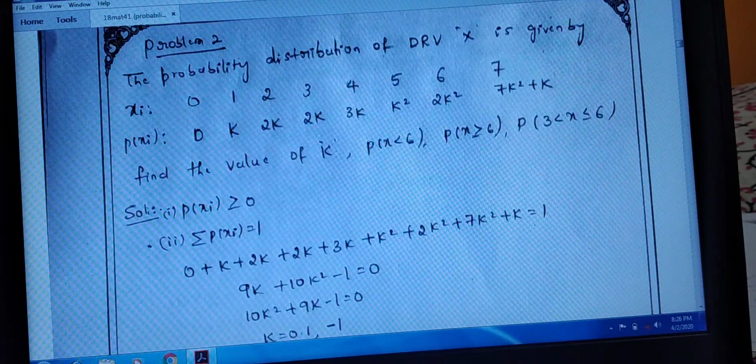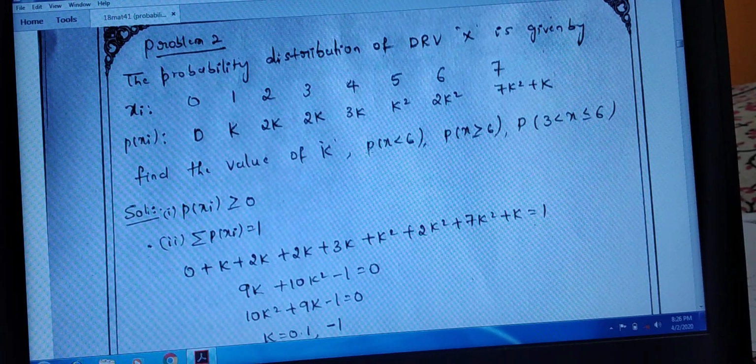You have to find the value of k, same as the previous problem, and the probability of x less than 6, probability of x greater than or equal to 6, and probability of 3 less than x less than or equal to 6.